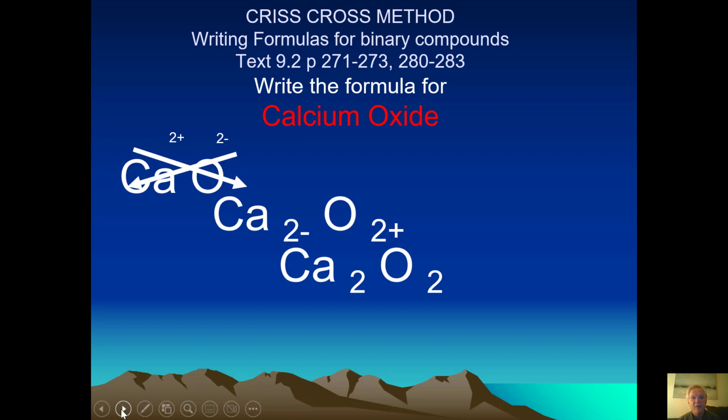Then, if they can be reduced by the same factor, you reduce them and write it, in this case, without subscripts at all, because I don't have to write ones. So this compound is CaO. So I crisscross the charges, write them as subscripts, ignore the signs, and reduce if possible.